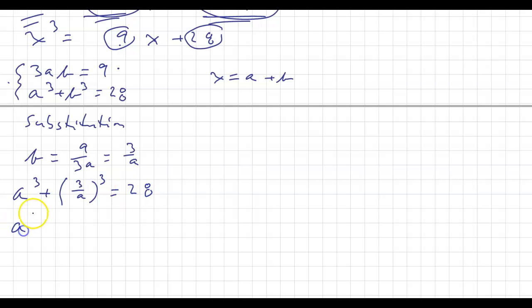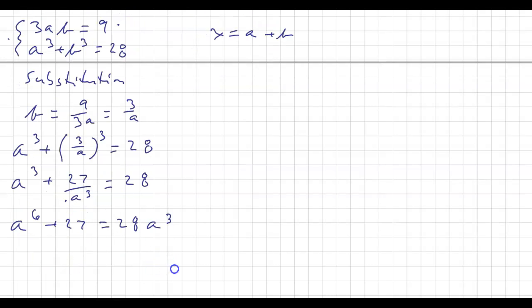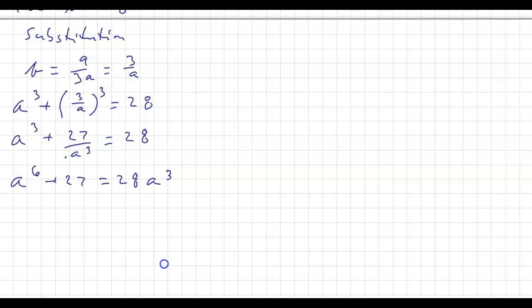Now this bottom equation, I could simplify a little. And then I can multiply both sides by a to the third. And then I can bring everything over to one side.